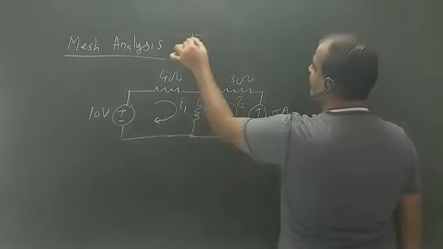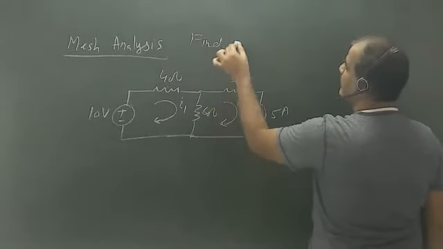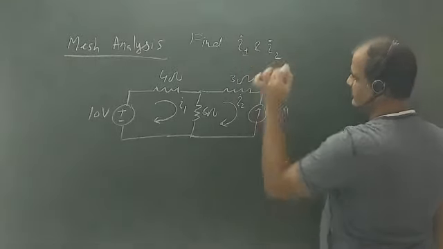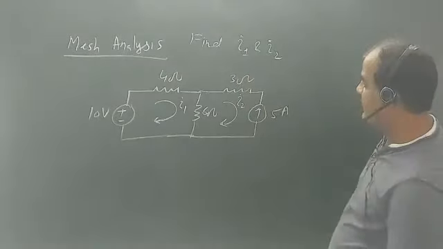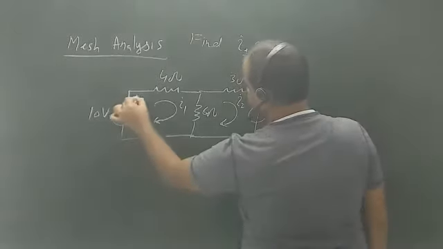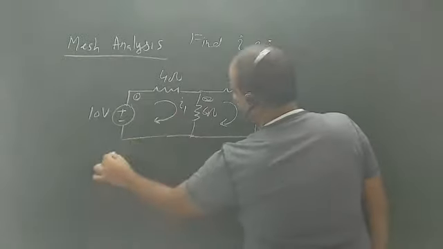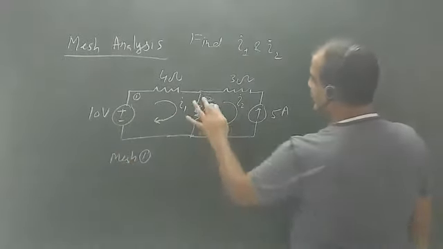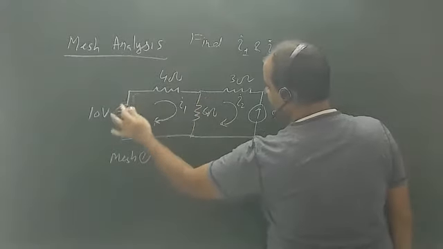Now find I1 and I2. Solve it. So we'll take mesh 1. First, let's say this is 1, this is 2. So mesh 1. Now we can apply KVL.